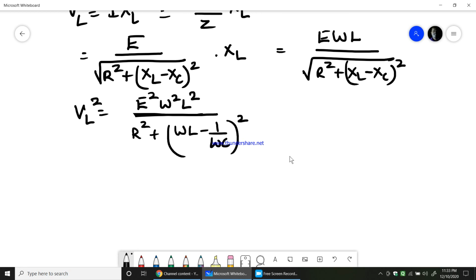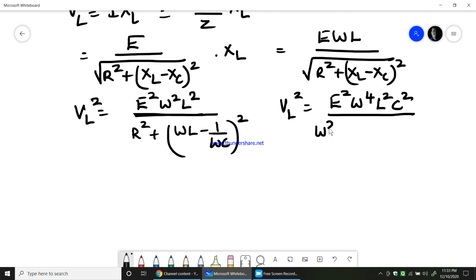If I solve this, at the end I'll get VL square equal to E square omega to the power of 4 L square C square divided by (omega square C square R square plus omega square LC minus 1) the whole square.